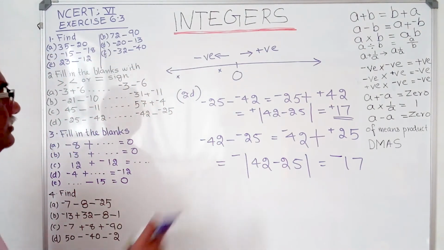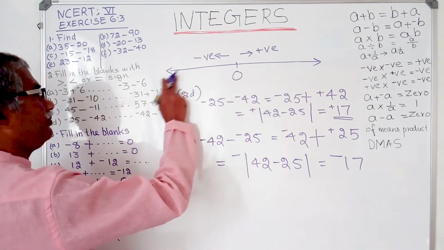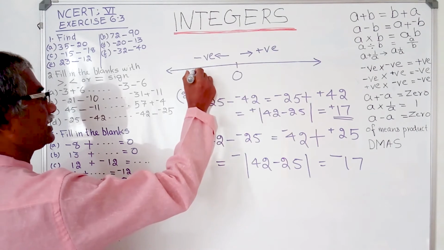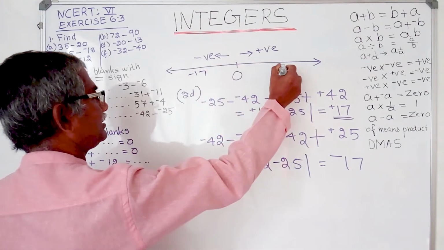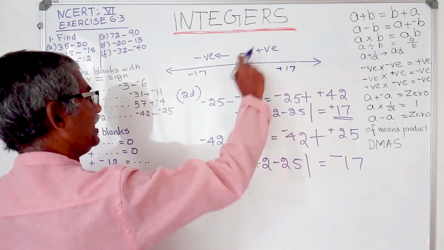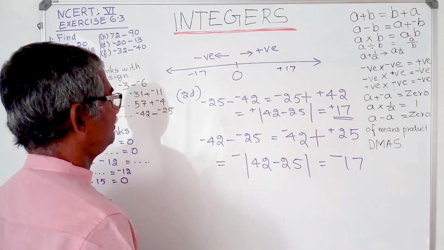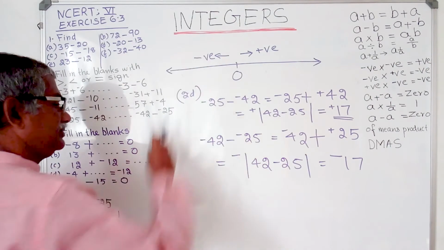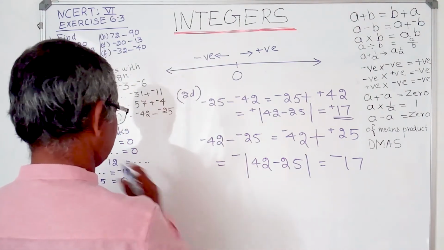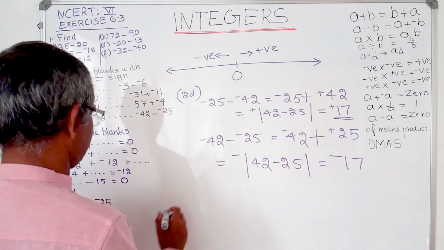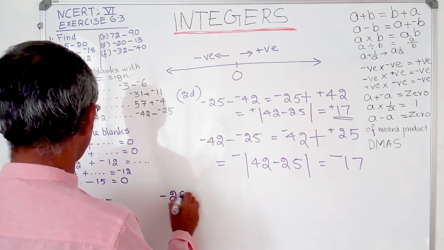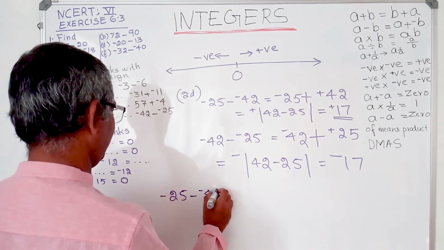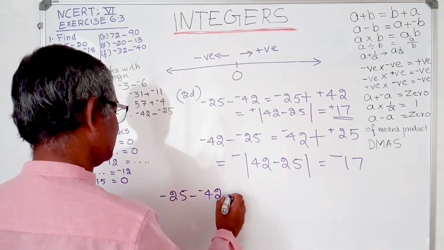Which is greater, negative 17 or positive 17? Here is negative 17, here is positive 17. After 0 larger, before 0 smaller. So the answer can be like this. We can again write down the question. Negative 25 minus negative 42. This is a term.